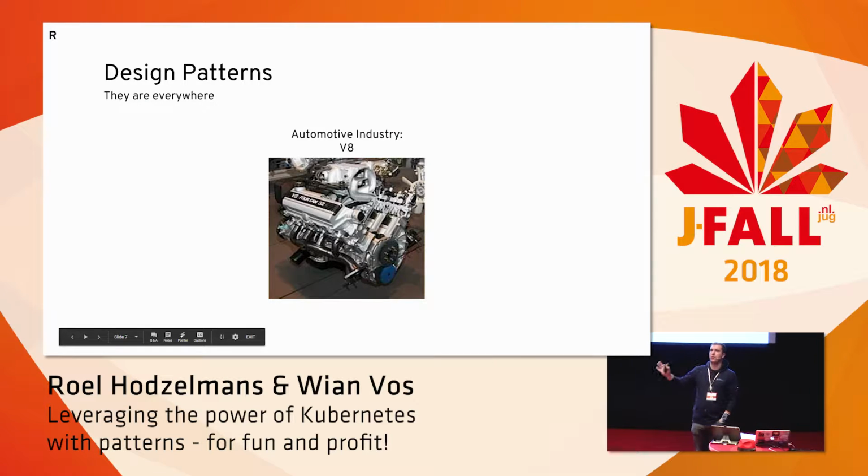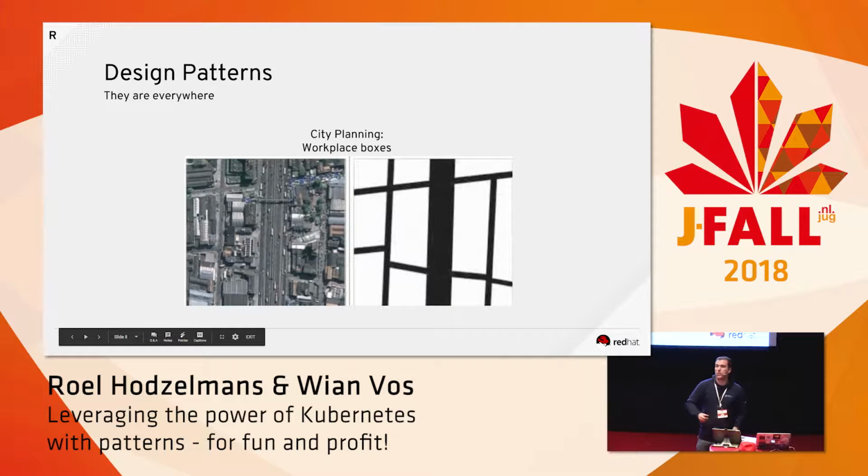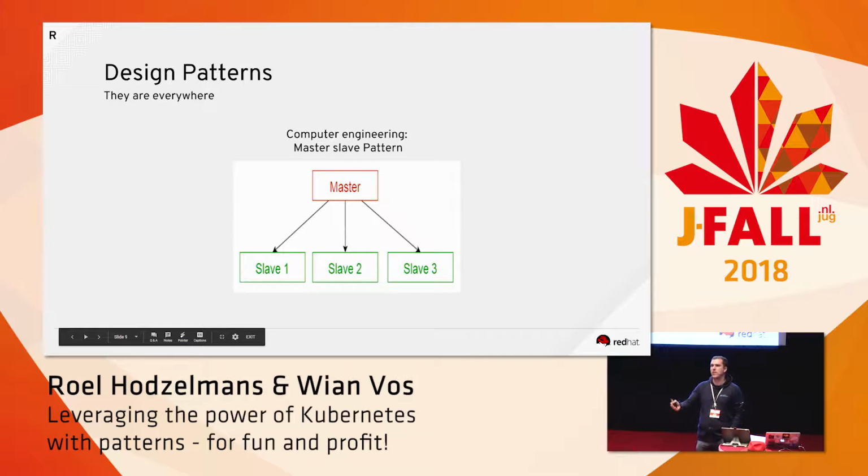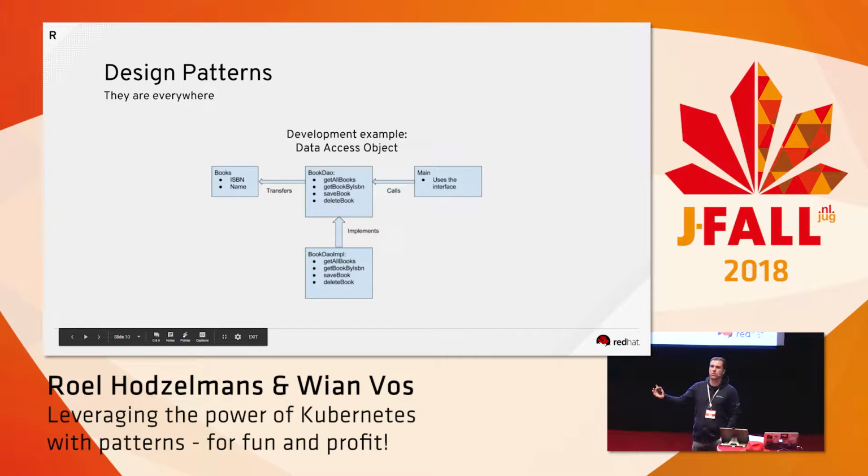And they're basically everywhere. So this is one of the most simplest examples. Any car nuts here? I am. So V8, I like V8, Dutch government doesn't, they win, unfortunately. But city planning, we have the workspace boxes. We've got master-slave in your setup of your infrastructure. You've got the DAO. Everybody still remembers and hates these.